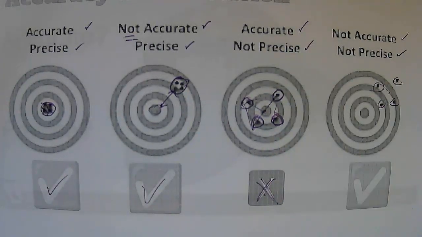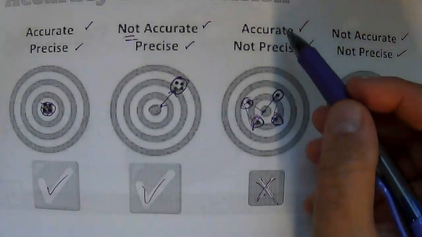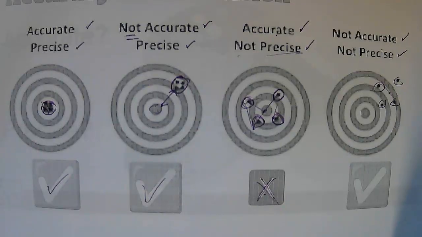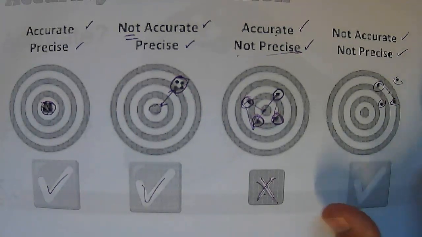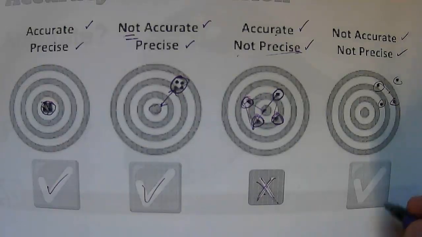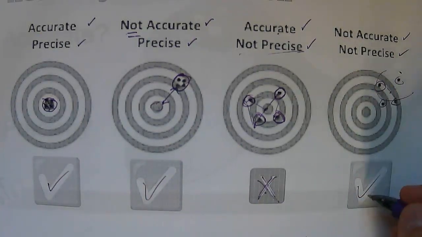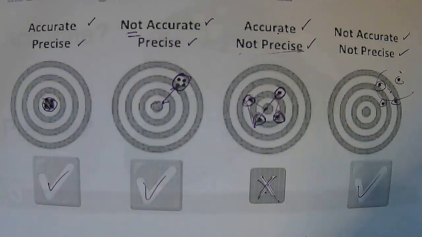Okay, you're not going to see something that is accurate and not precise. It's just not something that is easy or clear when doing this. And the last one, not accurate, not precise, is again pretty straightforward to see. So you'll see 3 out of the 4 of these cases.